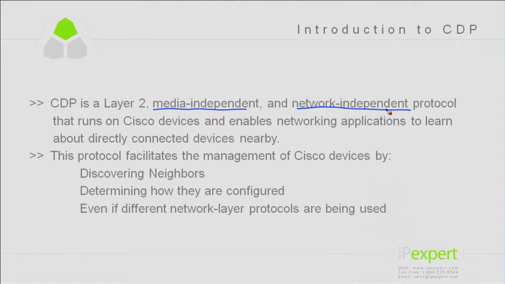When we look at this by the numbers, CDP operates at layer 2. Its primary purpose is to give us the ability to learn about directly connected devices.